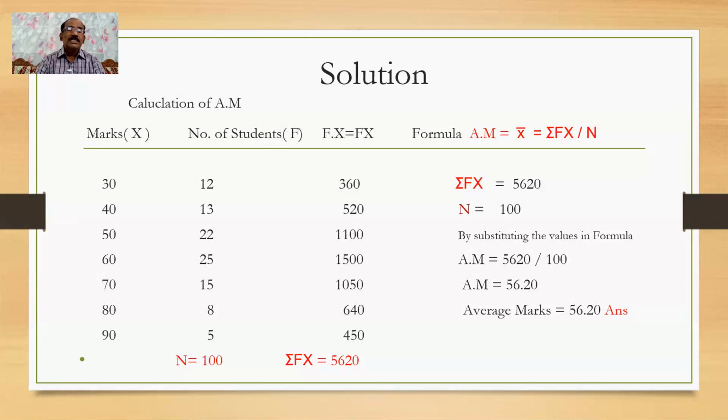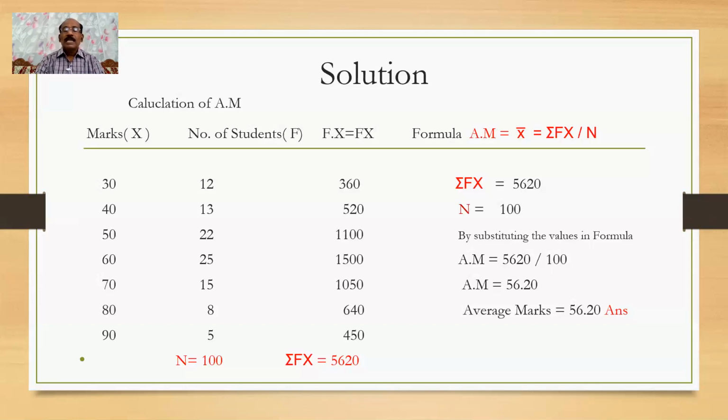That means it is sigma f. Sigma f is denoted with N. So the N value is equal to sigma f is equal to 100. Here we find the sigma fx value and N value for the formula. Sigma fx is equal to 5620, N is equal to 100.